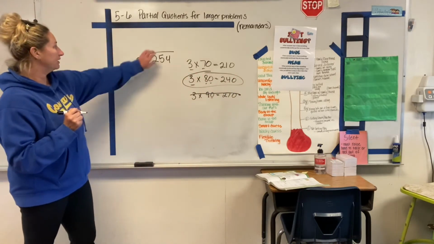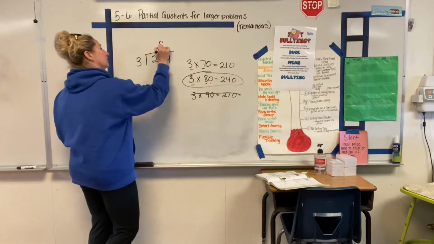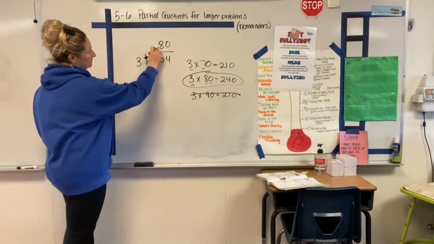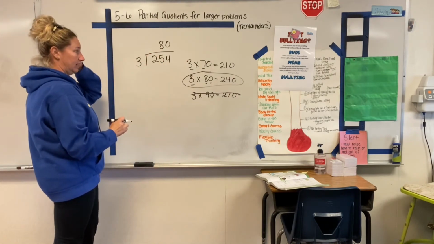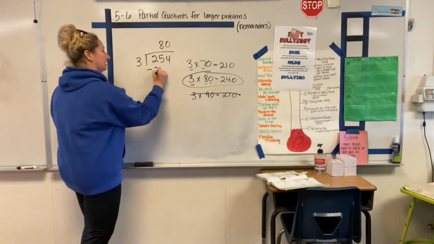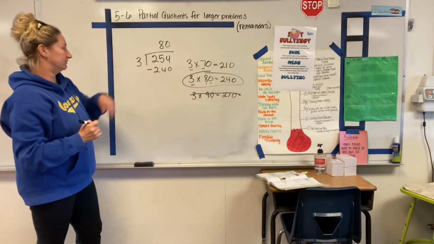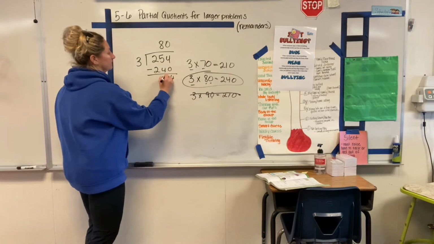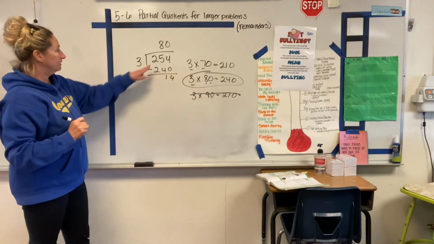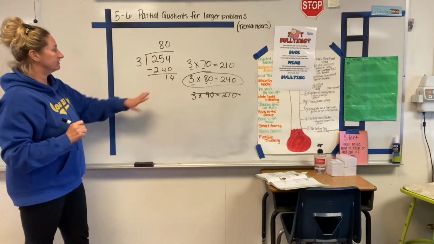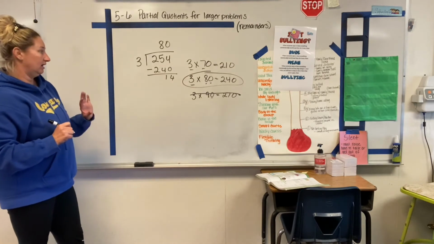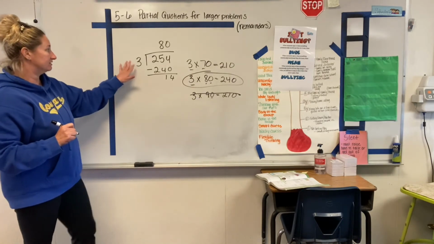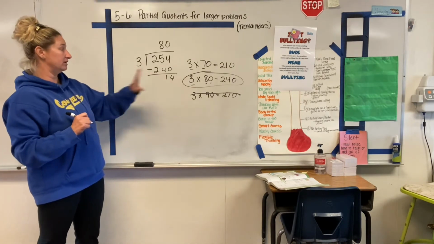So I'm going to write 80 up top. And I know that 3 times 80 is 240. So I'm going to subtract 240. And that gives me 14. It's 2 minus 2, 0. So I have 14 left. 3 is smaller than 14, so I know 3 can go into 14.